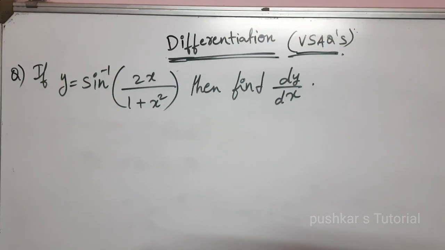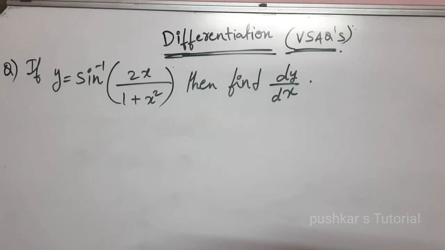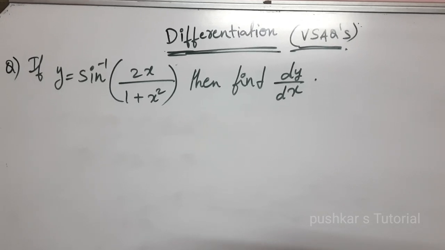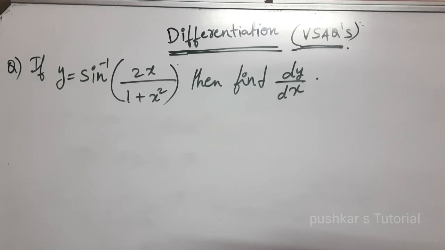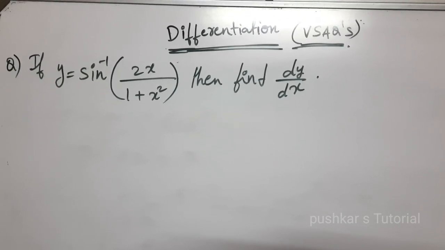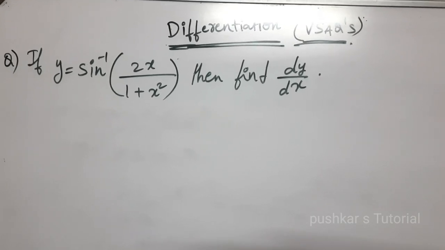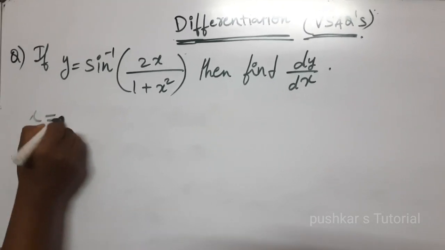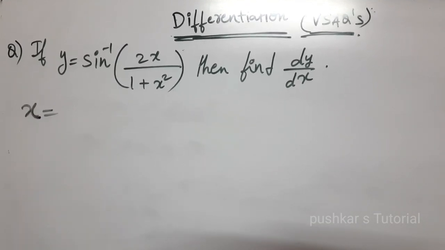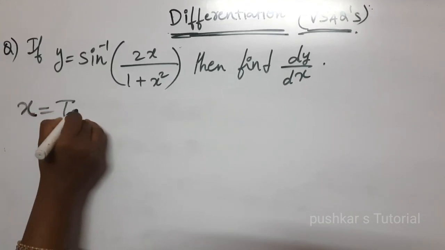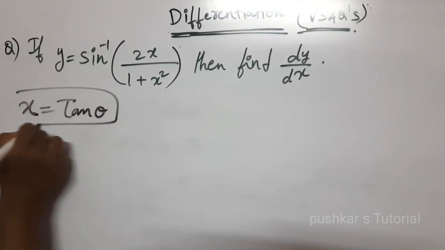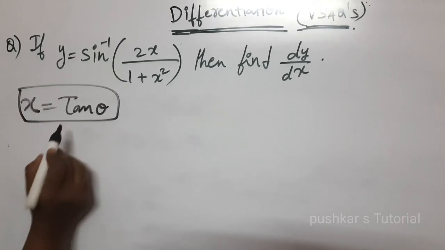If y is equal to sin inverse of 2x/(1+x²), then find dy/dx. So if we apply sin inverse x directly, it will be very lengthy and critical. So here we have to substitute x in the place of tan theta. Why tan theta only?